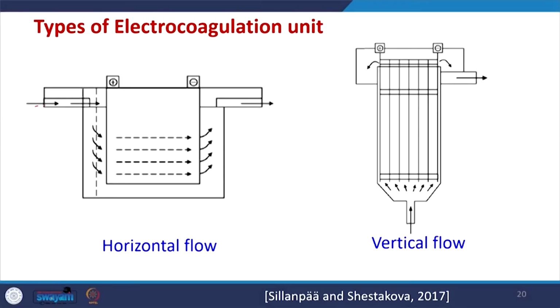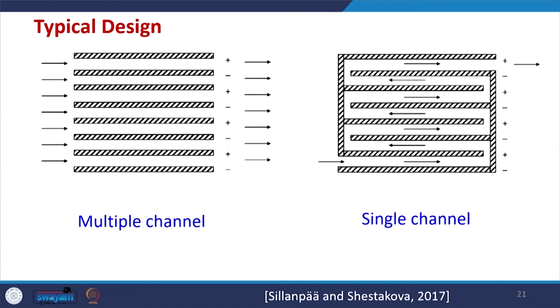These are the different types of electrocoagulation units we can see here, and this is how the flow is happening. Different configurations are possible: this is vertical flow, this is horizontal flow. Here the electrodes are connected differently, either in monopolar mode or bipolar mode, and the water goes up and after treatment it settles down. The sludge will settle down here. So there are different possibilities of electrocoagulation being used for wastewater treatment.